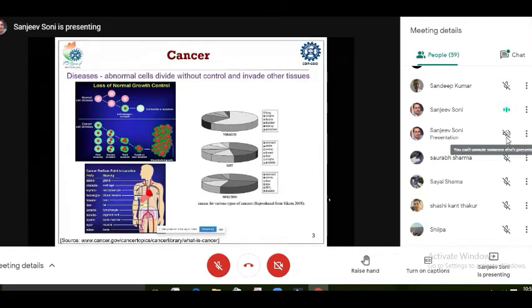People generally ask what is the reason why we get this disease. There are three main factors which have been specified. The first one is tobacco, which is the main responsible factor for oral cancer and other allied cancers. Next is the diet: the pesticides, chemicals, and artificial flavors present in the food.